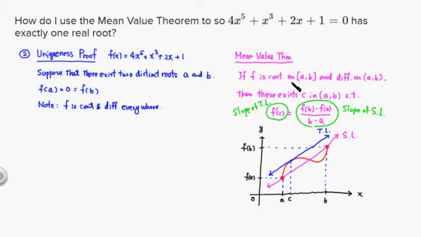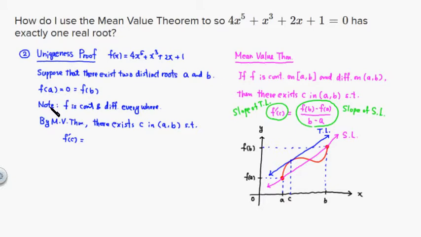right? So by applying the mean value theorem, we know that there exists some c between a and b such that f prime of c is equal to, remember, this difference quotient, but we picked a and b specifically so that those are roots.